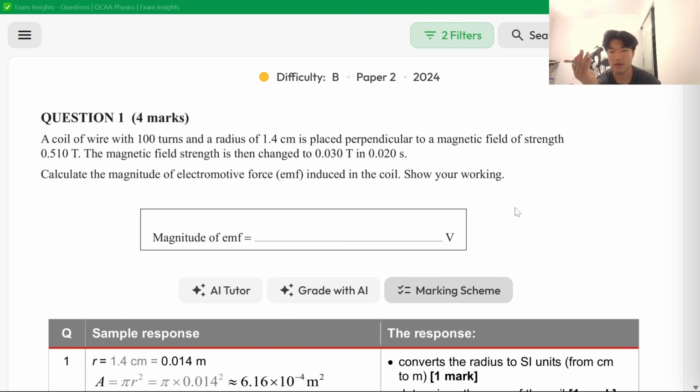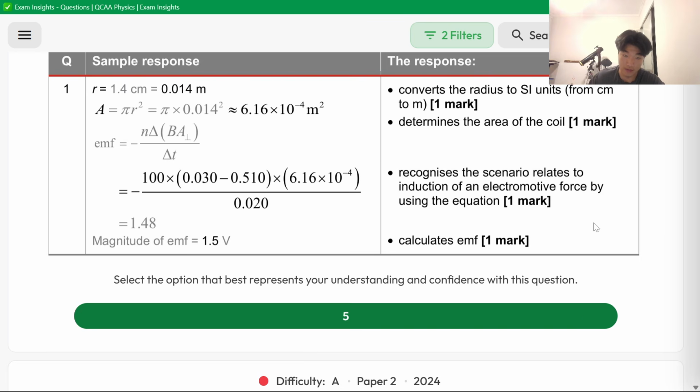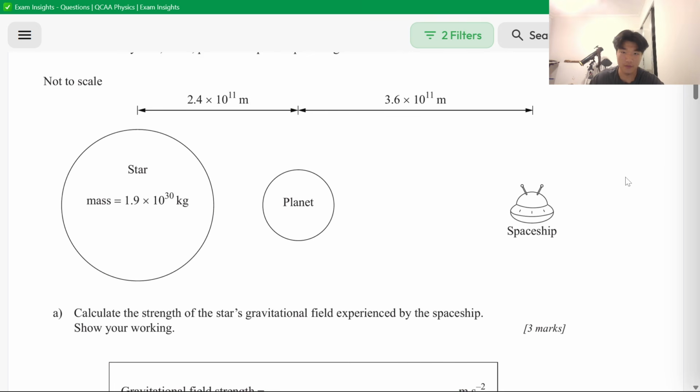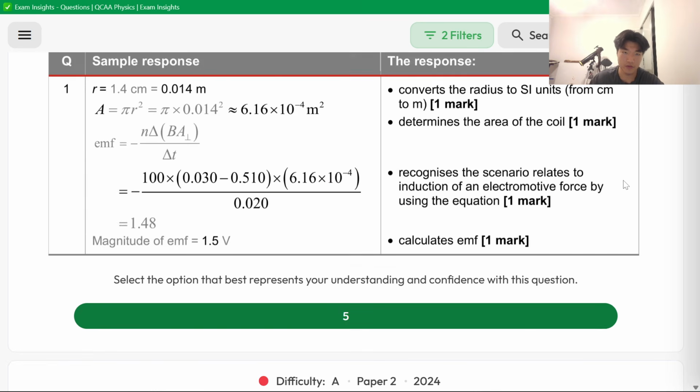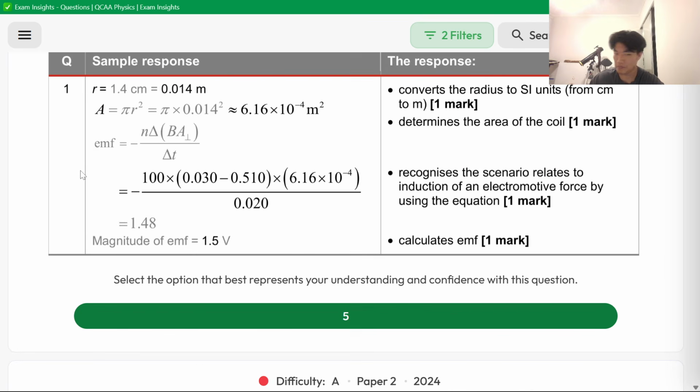They didn't ask for specific significant figures. 1.5. Okay, I mean, I'm still right. I'm assuming they allow different significant figures, hopefully. Because then again, I was thinking, oh, they're all given in two significant figures, but this one isn't, so who knows?